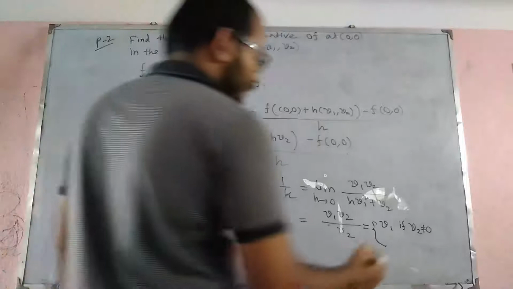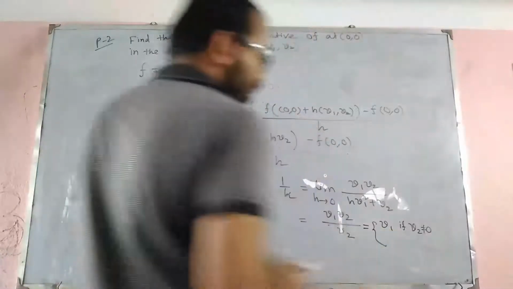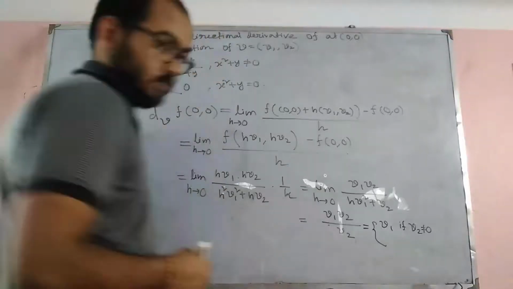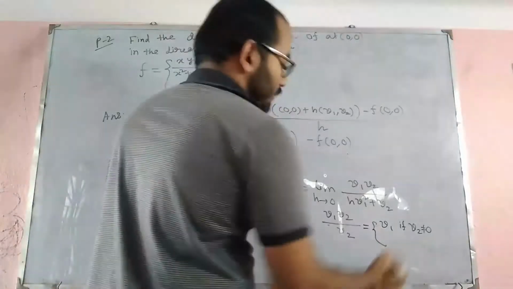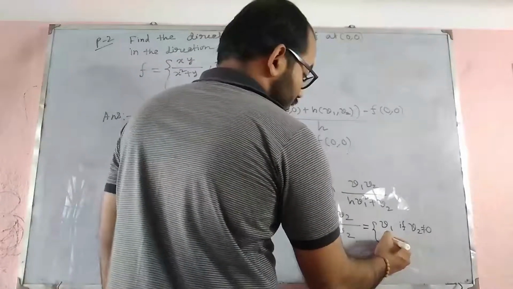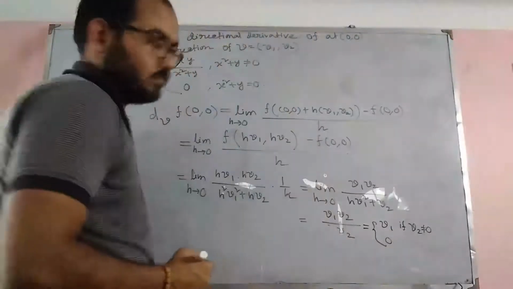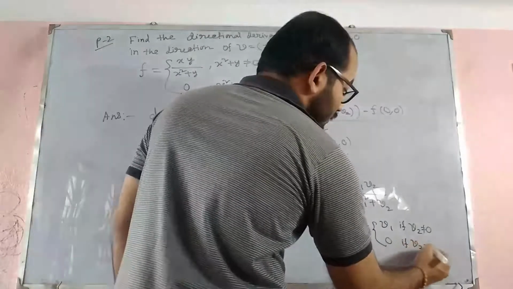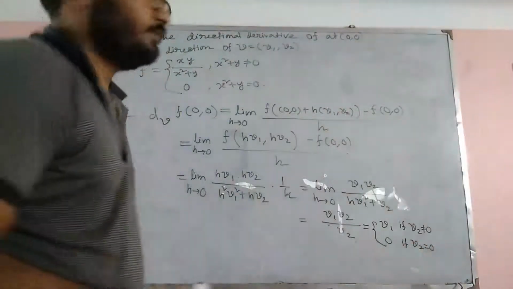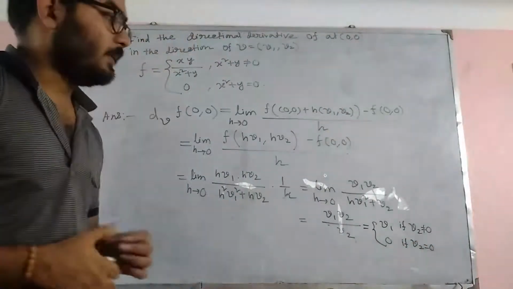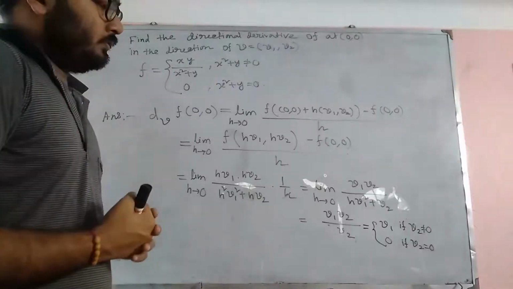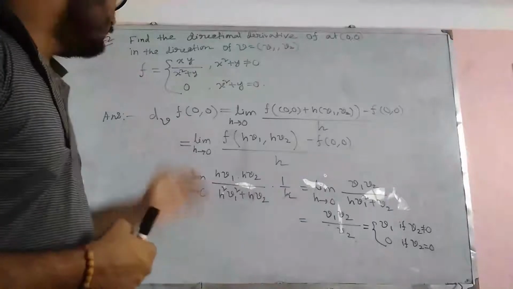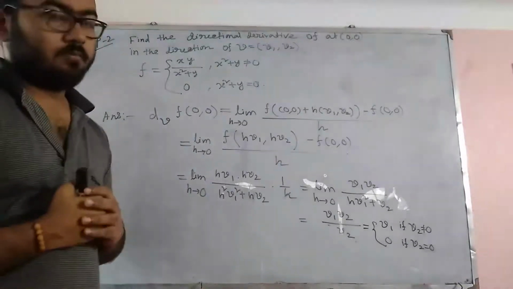Okay, and if v2 is 0, then we have to assign a value. 0 if v2 is equal to 0. Okay, because the limit exists finitely.